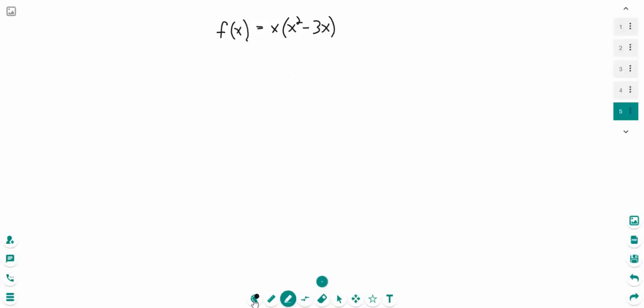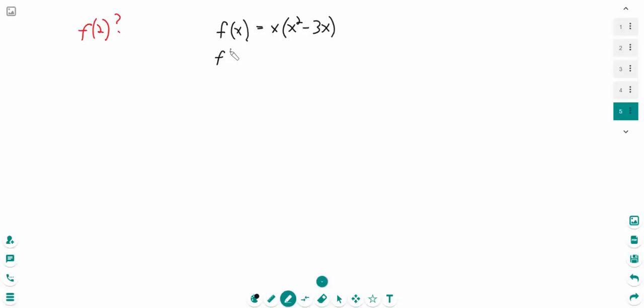But let's say that I told you, okay, given this function, find for me f of 2. So what is f of 2? That's my question here. What's f of 2 if this is the function? All right. And the answer is we just need to plug in the 2 for all of our x's.